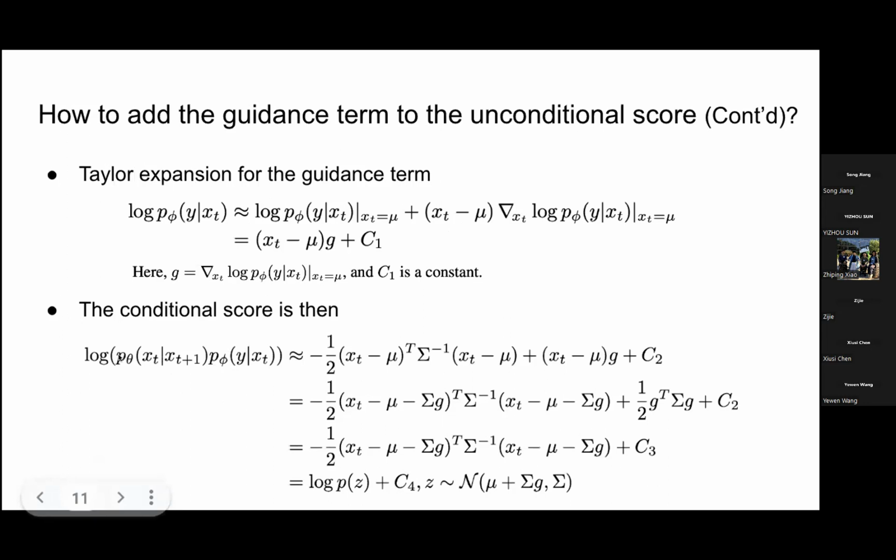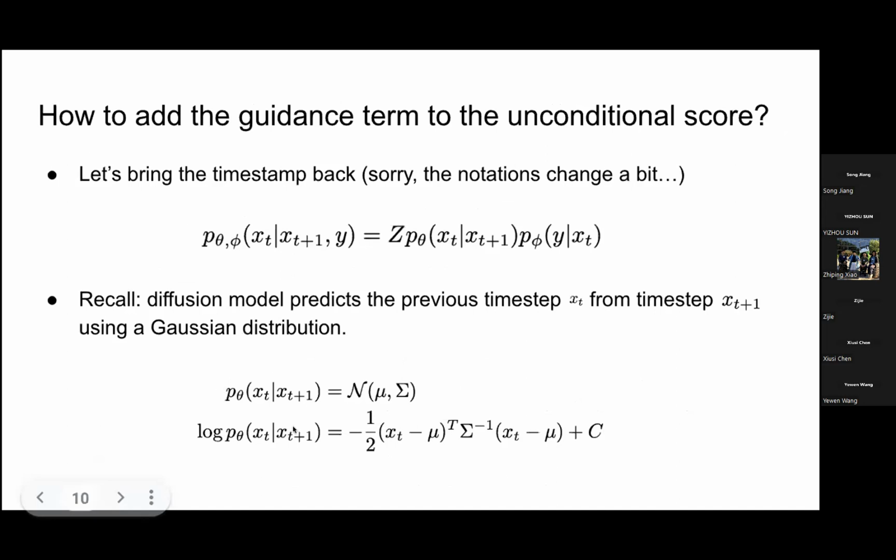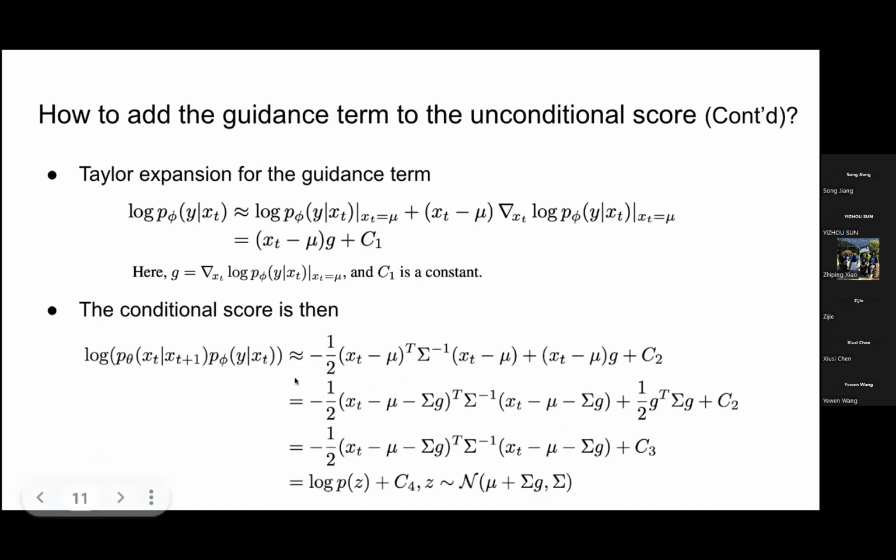Because this one is a log, we can just split it as log p theta of x_t given x_t+1, plus log p theta of y given x_t, right? For the first term we have this here, and for the second term this is what we have here. Then we just sum them up together.